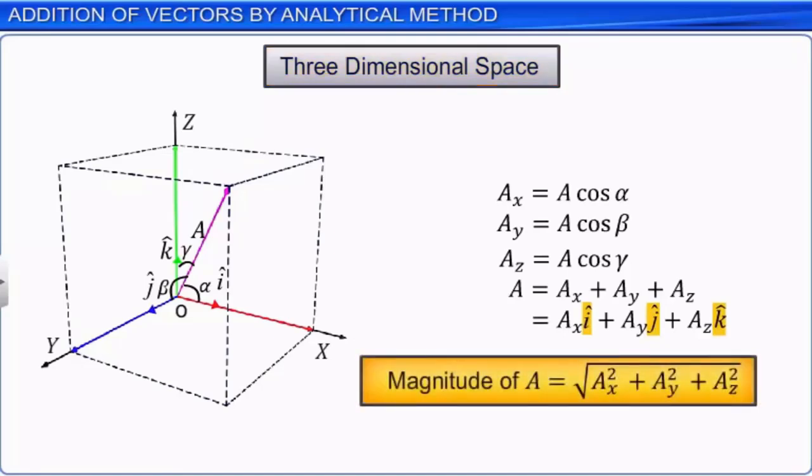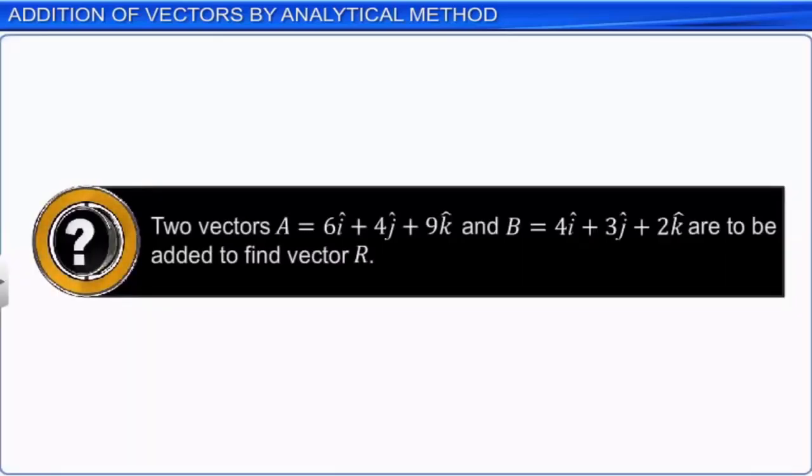Let us solve a simple problem using isometric graph paper. Two vectors, A is equal to 6i plus 4j plus 9k, and B is equal to 4i plus 3j plus 2k, are to be added to find vector r.